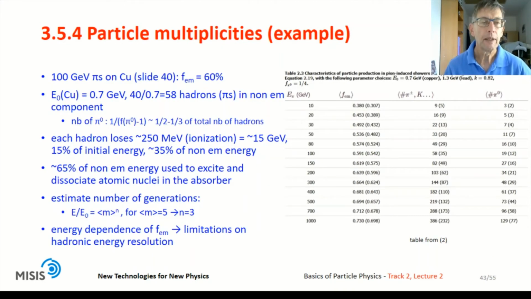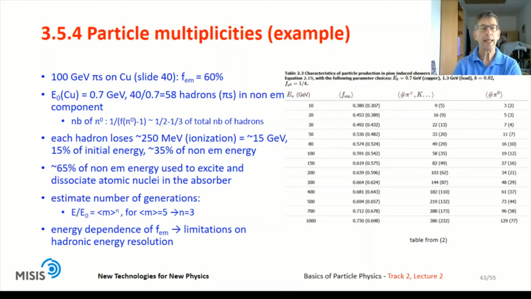Using this, the formula for the electromagnetic component on slide 40, we can work out particle multiplicity. So if you take an example of 100 GeV pions on copper, the electromagnetic fraction is about 60%. And that means that per pion, there will be 40 GeV left for hadronic interactions, and dividing that by E0 of 0.7, you get to 58.